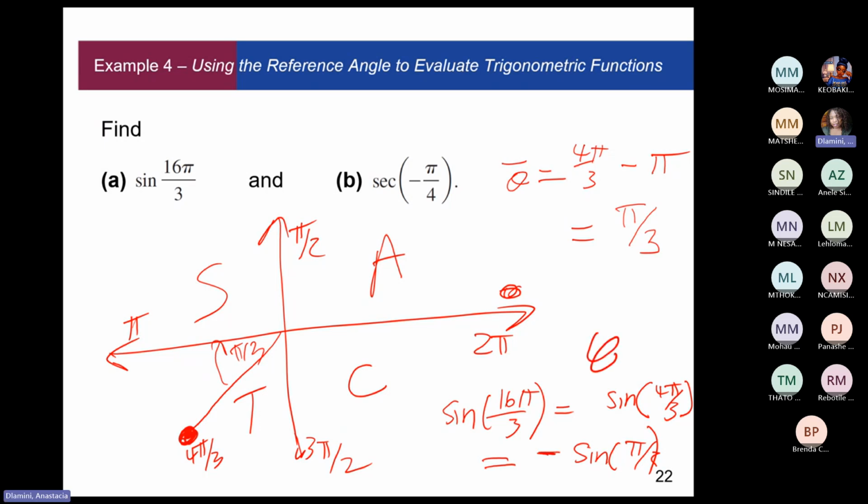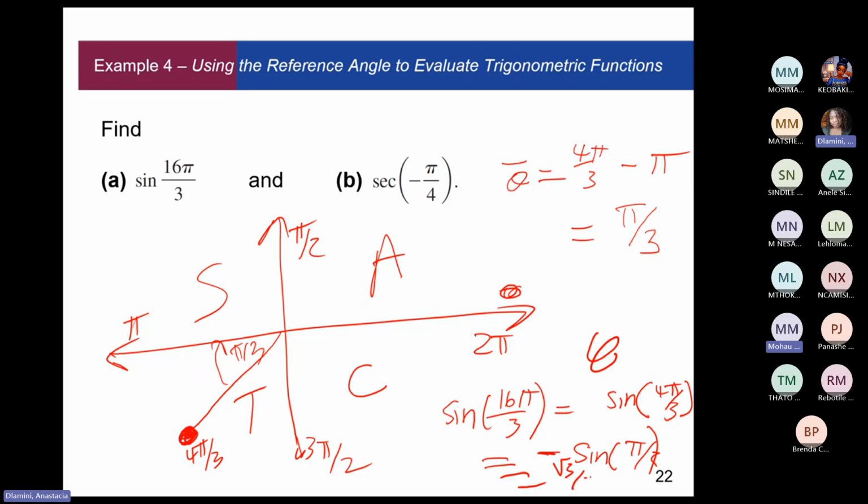what is sine of pi over 3? Let's start there. What is sine of pi over 3? It's root 3 over 2.